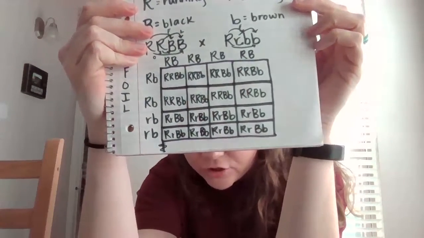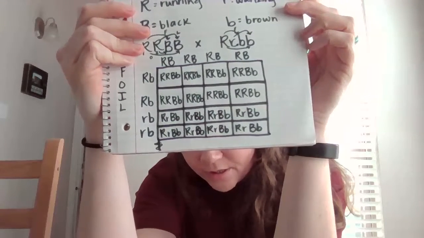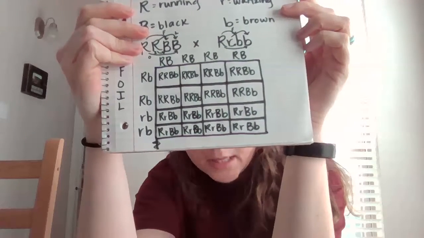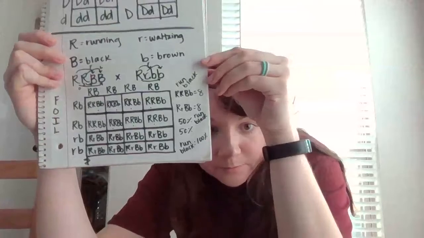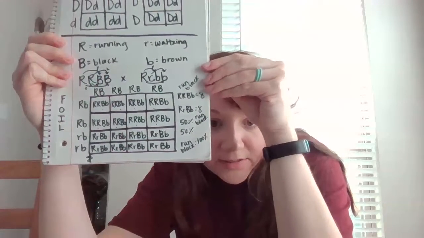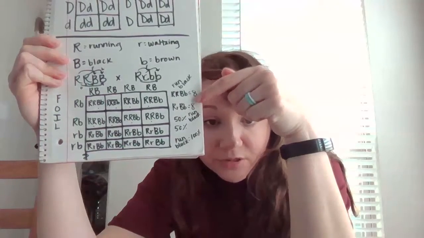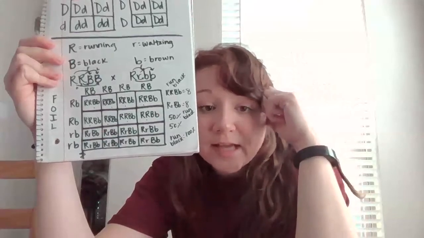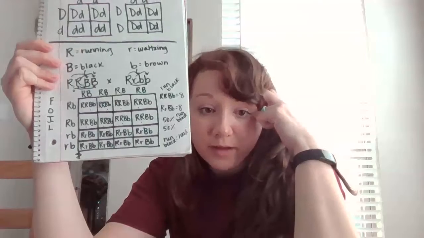Now we have to find the genotypic and phenotypic ratios. Basically we just need to count how many of each. I counted up and wrote on the side the different genotypes that I see. There are only two genotypes, so it is 50-50 for those genotypes, and then 100% of the offspring are going to be running mice with black hair.